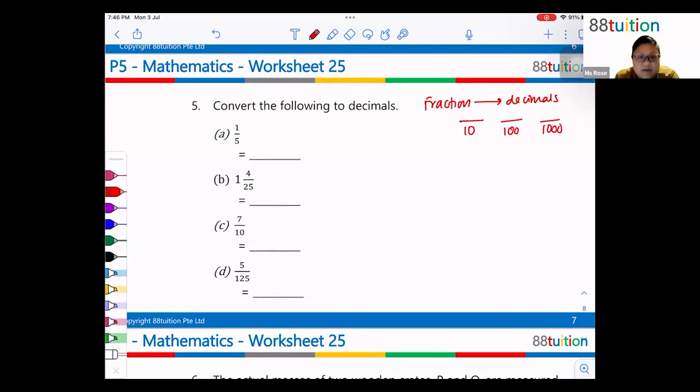Very good. So the denominator must be 10, 100, or 1,000. To be able to remember this is very useful, because remember this multiplication: 5 times 20 is 100 and 4 times 25 is 100. 8 times 125 will be 1,000.